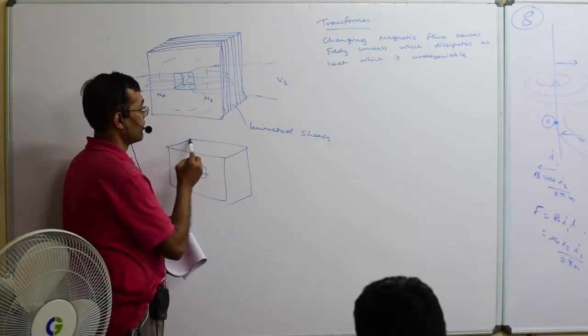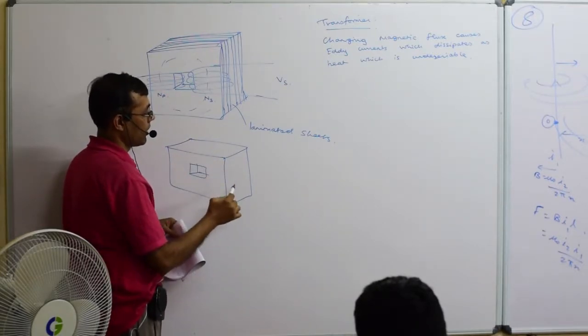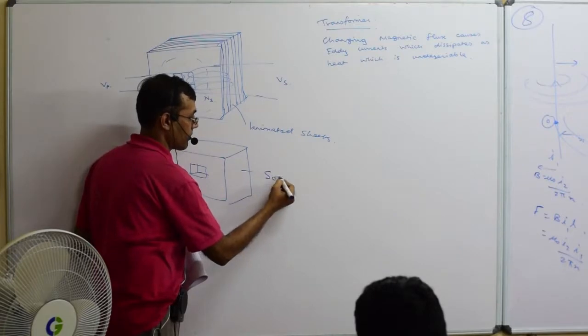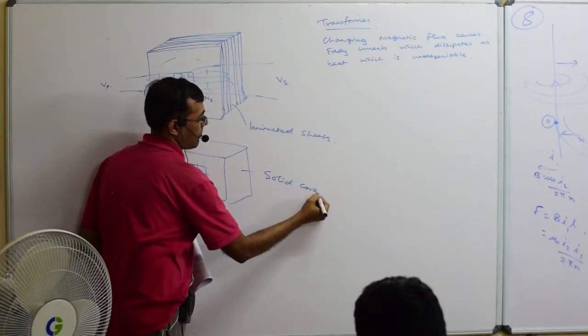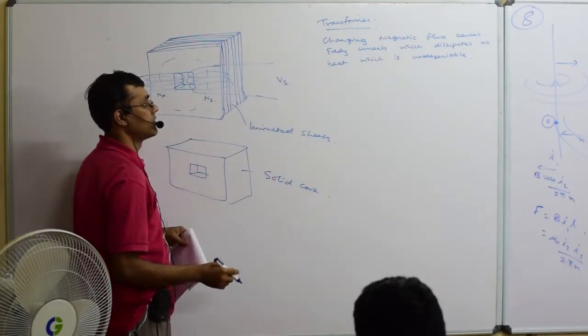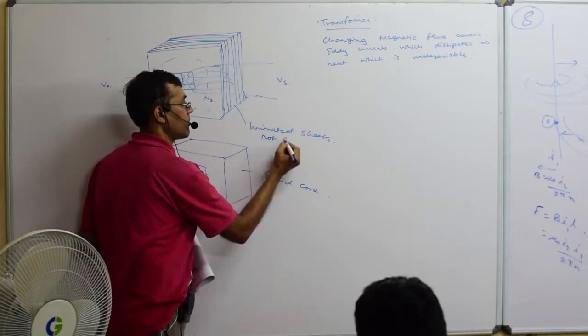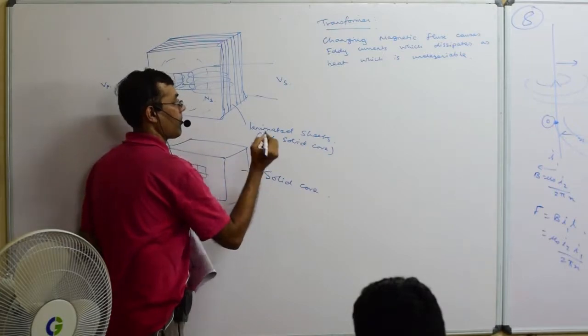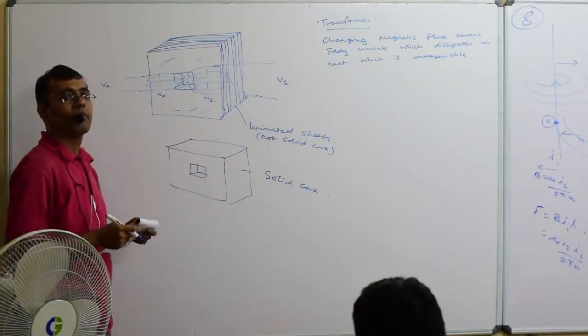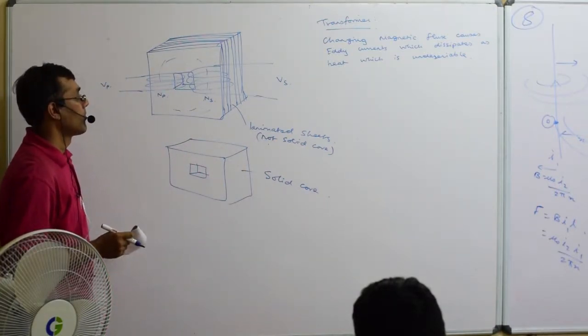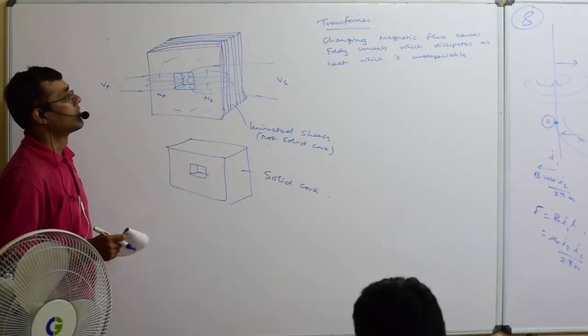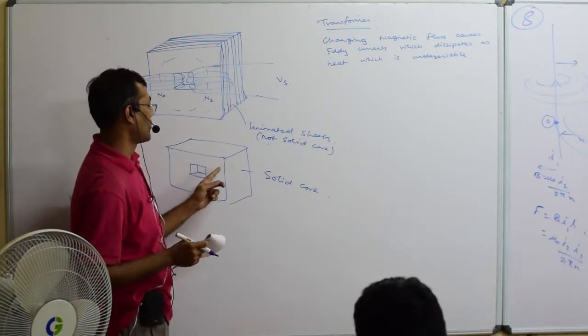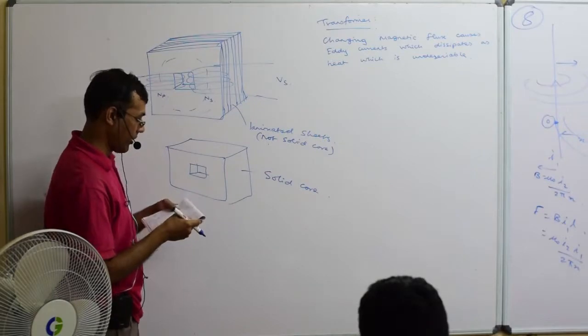So please listen here. Instead of having a core like this, this is like a solid core. This is like laminated sheets, not solid. Okay. So if I had it like this, the concept here is you will be producing a lot of eddy currents here.